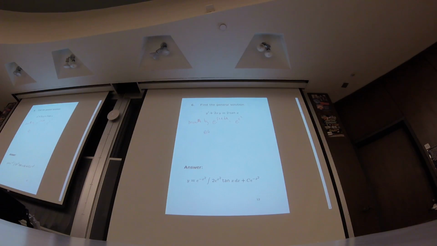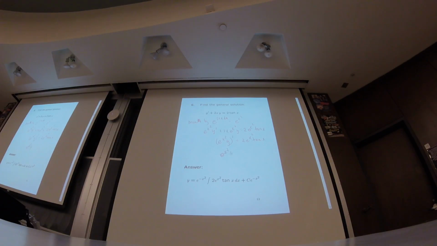We get e to the x squared y prime plus 2x e to the x squared y equals 2e to the x squared tangent x. The left side we now know is the derivative of e to the x squared y, equals 2e to the x squared tangent x.